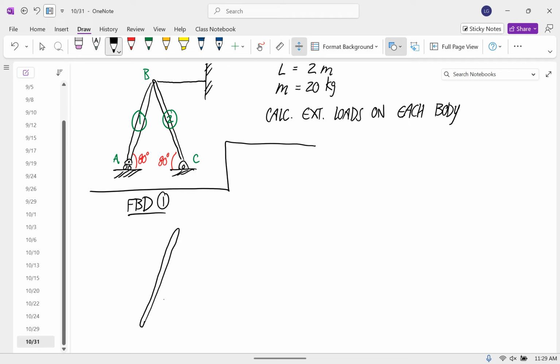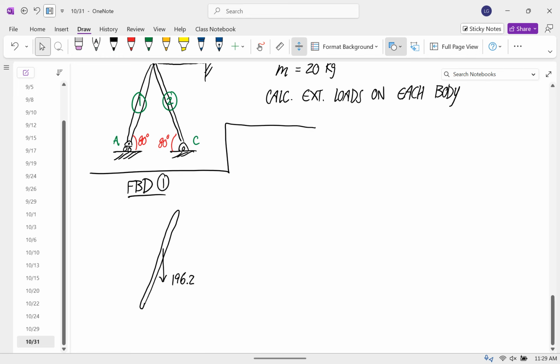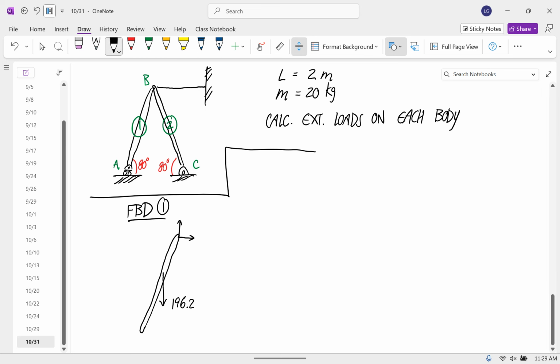So I'll put the weight in first. We have a weight of 196.2 newtons. And up here, since the pin is part of member 1, touching that pin is member 2.